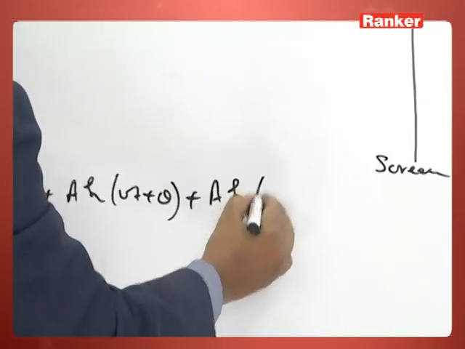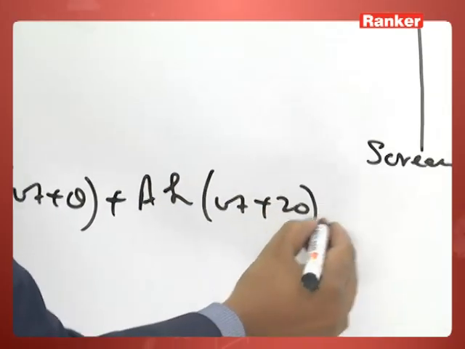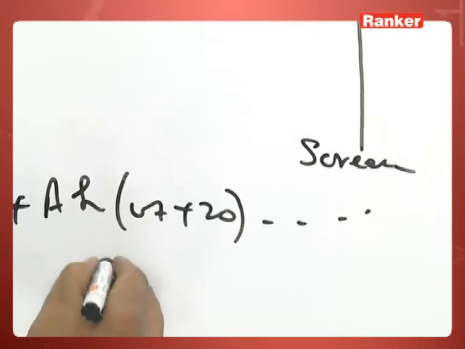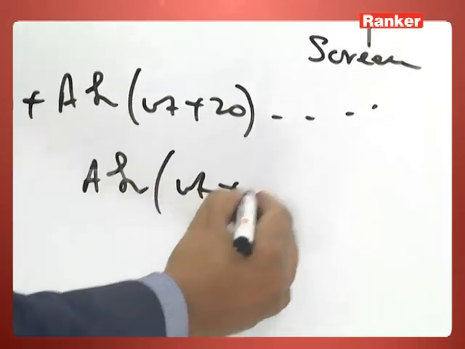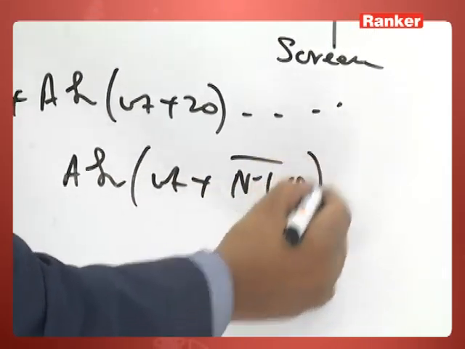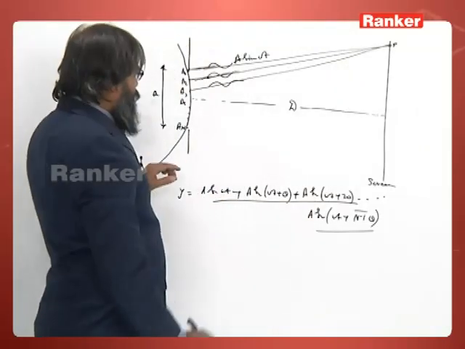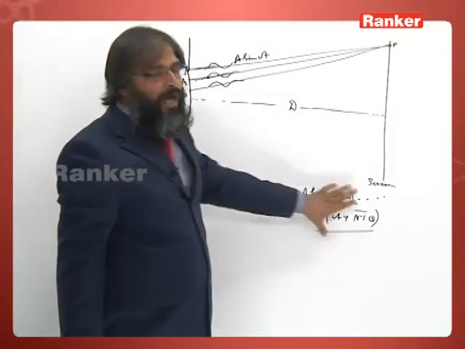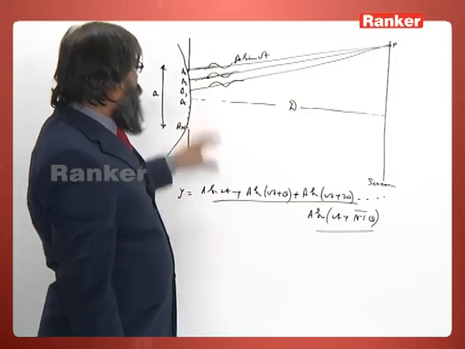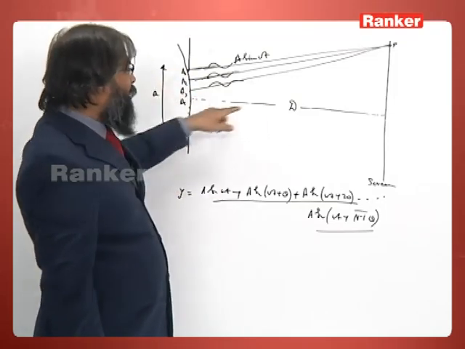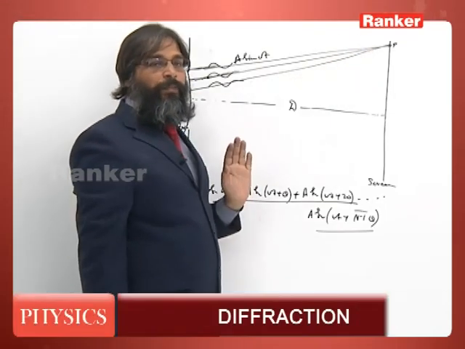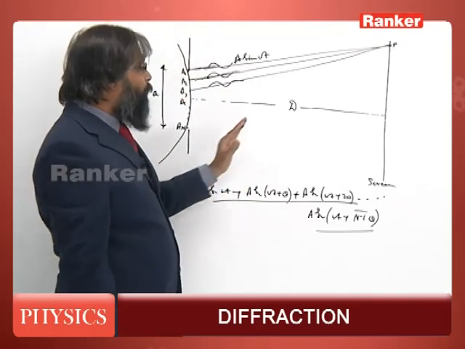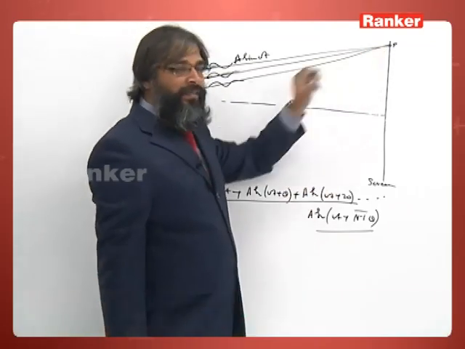Then A sin(omega t plus 2 theta), and so on, finally A sin(omega t plus (n minus 1) theta). If I add all these harmonic oscillations, I get the resultant at P. This is how we calculate the resultant wave.